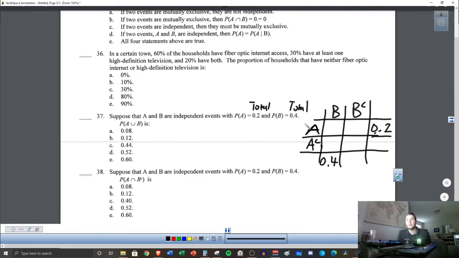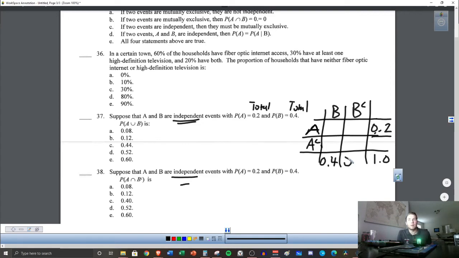Actually, I don't think we can answer this because we need to learn more about independence. But this is the idea, like you could set this up. But I will go ahead and ask this question. What would be the value that's in the bottom right? Well, that would be 1 or 100%. That's the whole sample space.